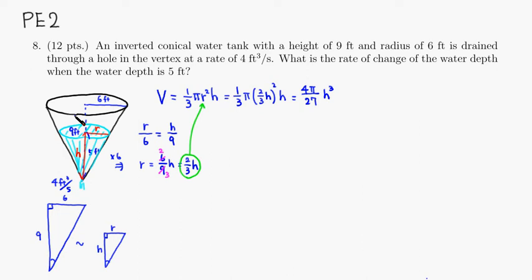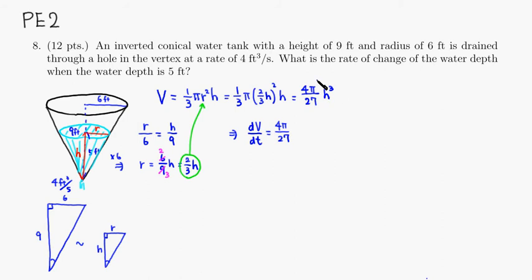Then we can just take the derivative of that. dV with respect to time, in seconds. And then 4 pi over 27 is just a number.